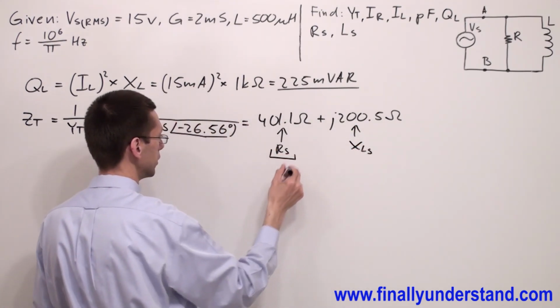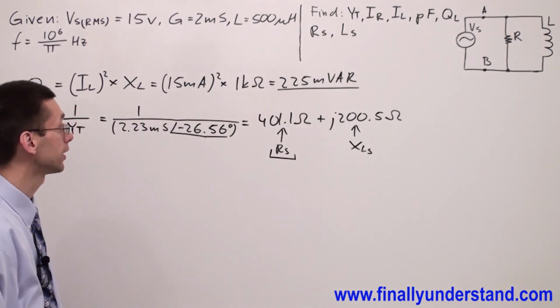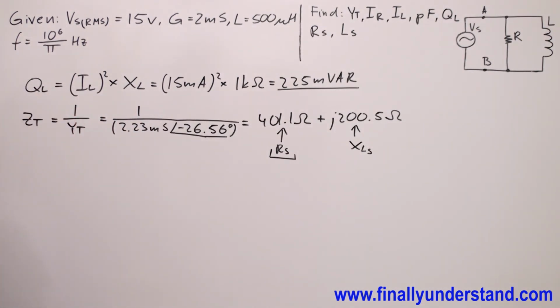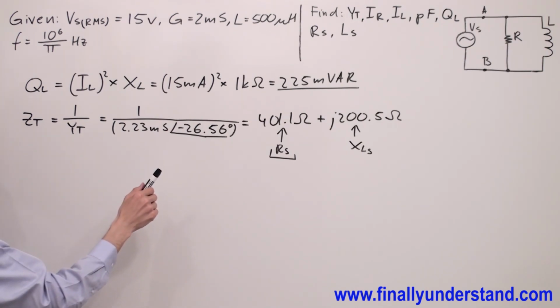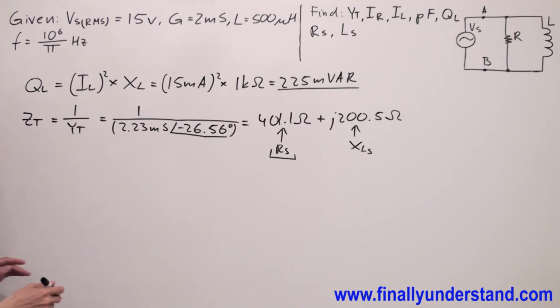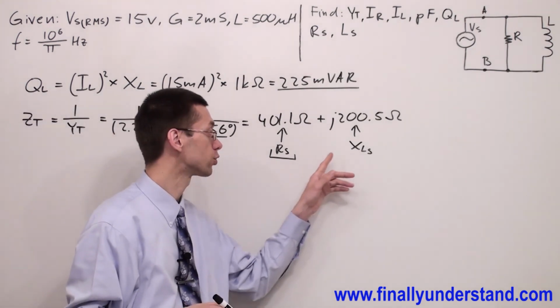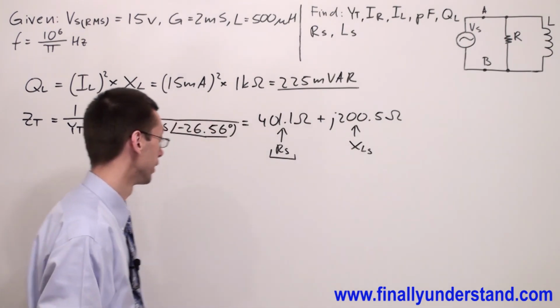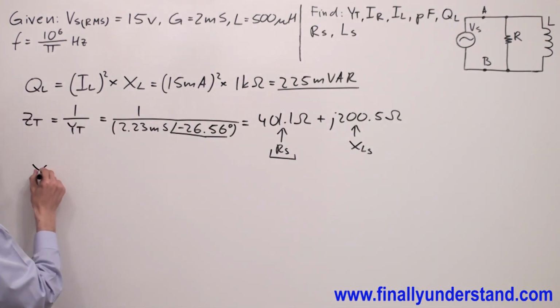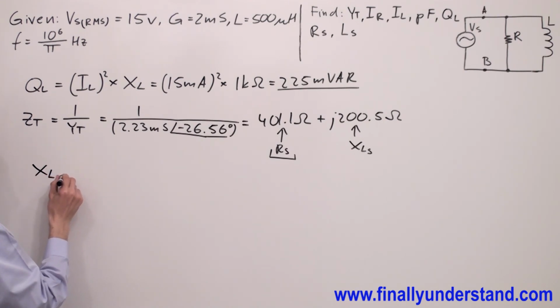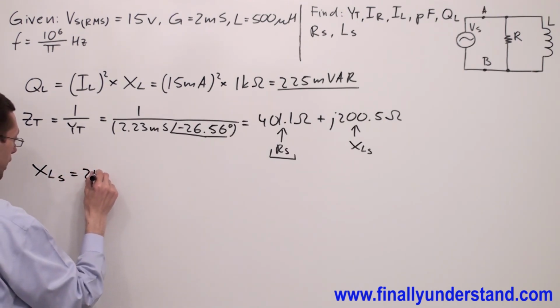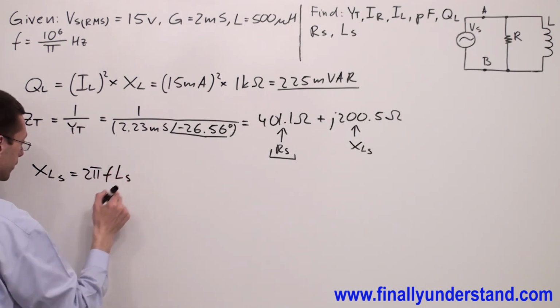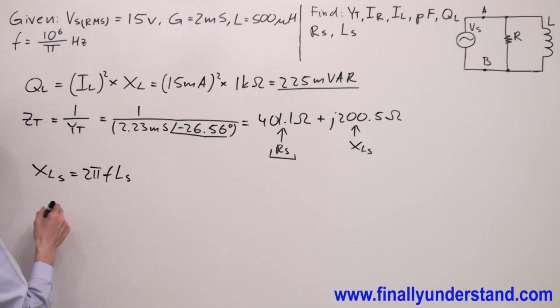where the real part is my RS and the imaginary part is my X of LS. We need just RS. Next, I'm supposed to find LS. In order to find LS, I'm supposed to use X of LS. So, as you can see, RS is needed and also X of LS is needed. So I have a formula which says X of LS is equal to 2 pi F LS. Solve this formula for LS.